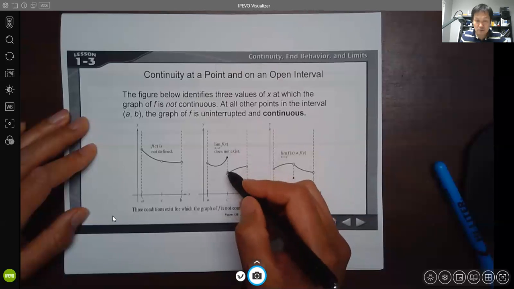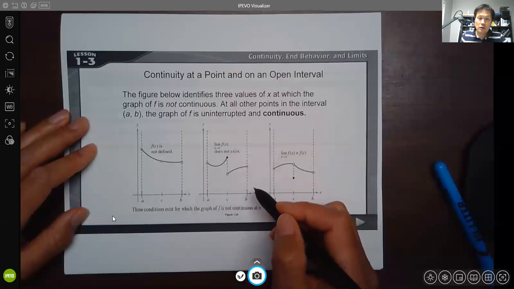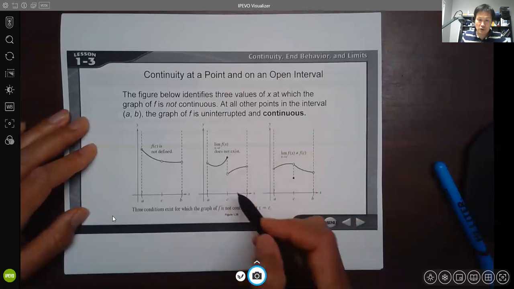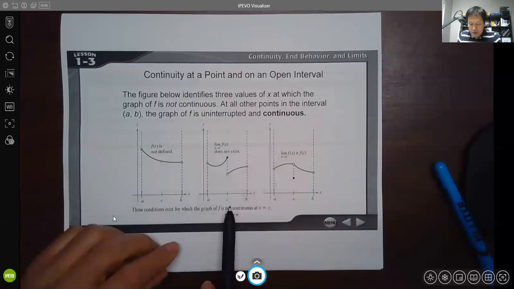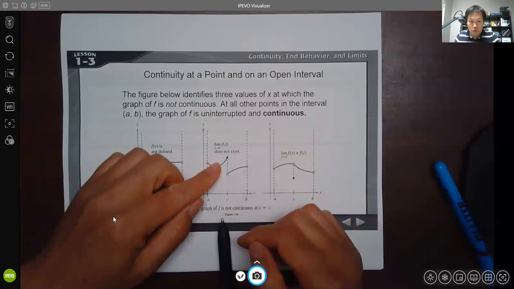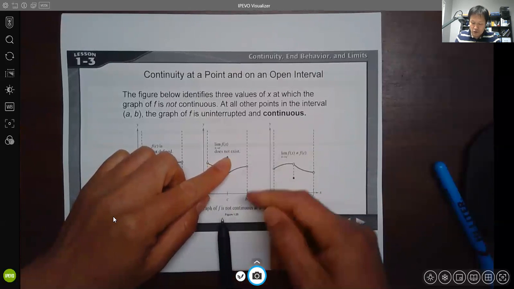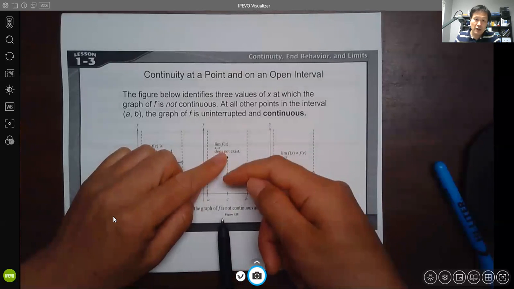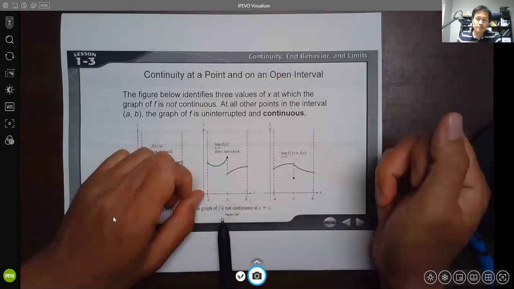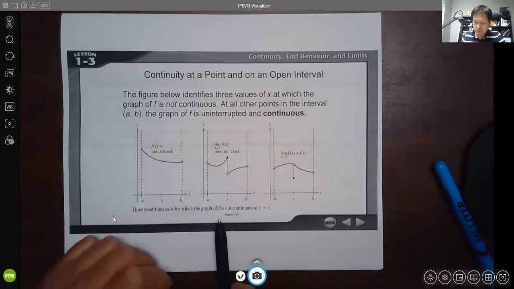Otherwise, you will have to draw another line there. So they are discontinuous here at x equal to c. And if you look at x equal to c, you approach c from the left-hand side and from the right-hand side. The left-hand limit and right-hand limit do not match in this example.